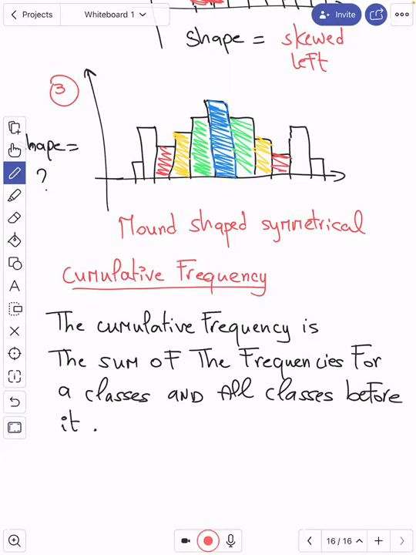Okay, so for example, let me show you an example of how this works.